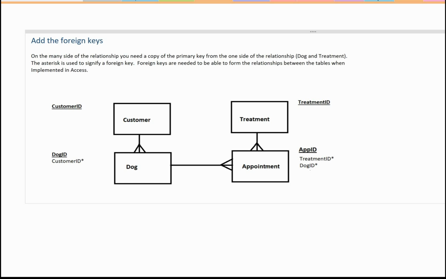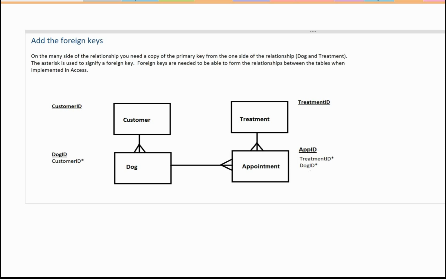On the many side of a relationship, you need a copy of the primary key from the one side of the relationship. So if we look at dog and treatment, they've got a many side. The asterisk is used to signify a foreign key, and foreign keys are needed to be able to form the relationships between the tables when it's implemented in Access.